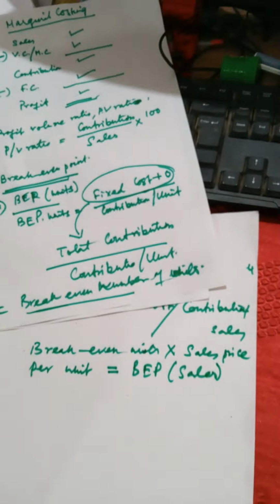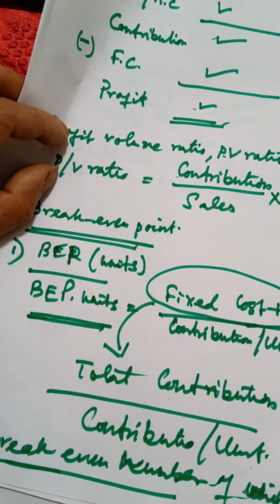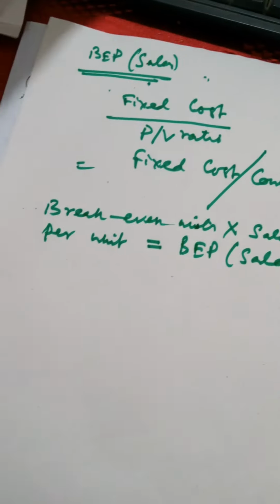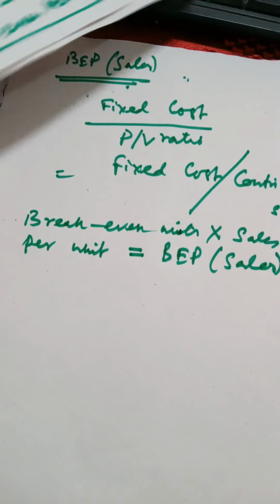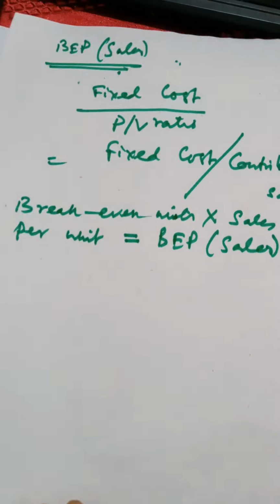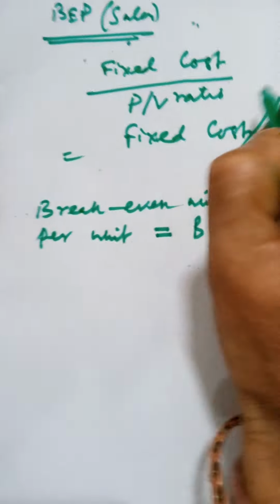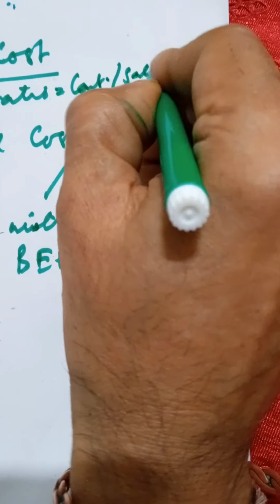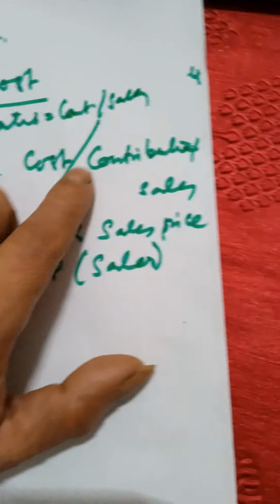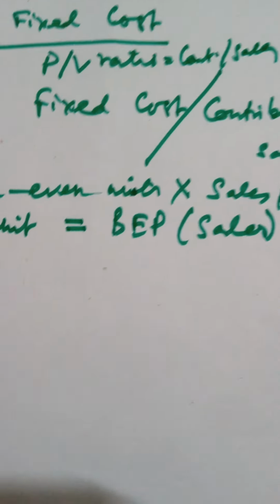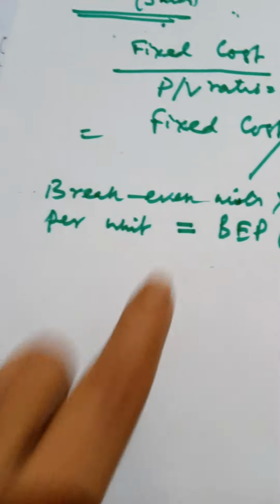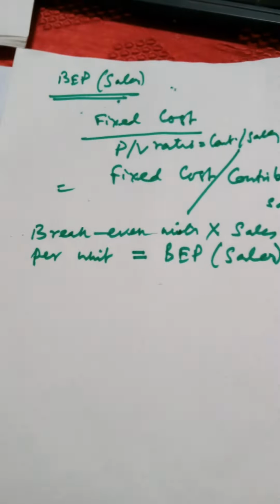One is break-even in terms of units, found by dividing fixed cost by contribution per unit, and the other is BEP in terms of sales, calculated by dividing fixed cost by PV ratio. And what is PV ratio? PV ratio equals contribution by sales. So fixed cost divided by contribution by sales equals break-even sales, which is equal to break-even units into sales price per unit.